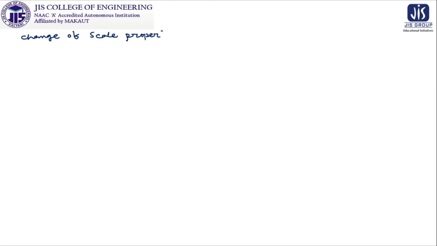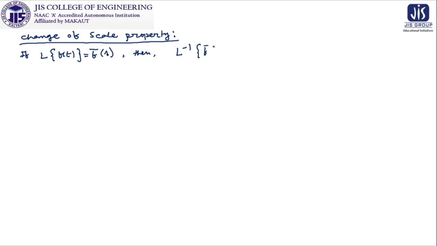But all the properties we are discussing here are for the inverse Laplace transform. So if the Laplace transform of f(t) is denoted by f bar(s), then the change of scale property tells us that the Laplace inverse of f bar(as) is equal to 1 by a f(t by a), where a is greater than 0.